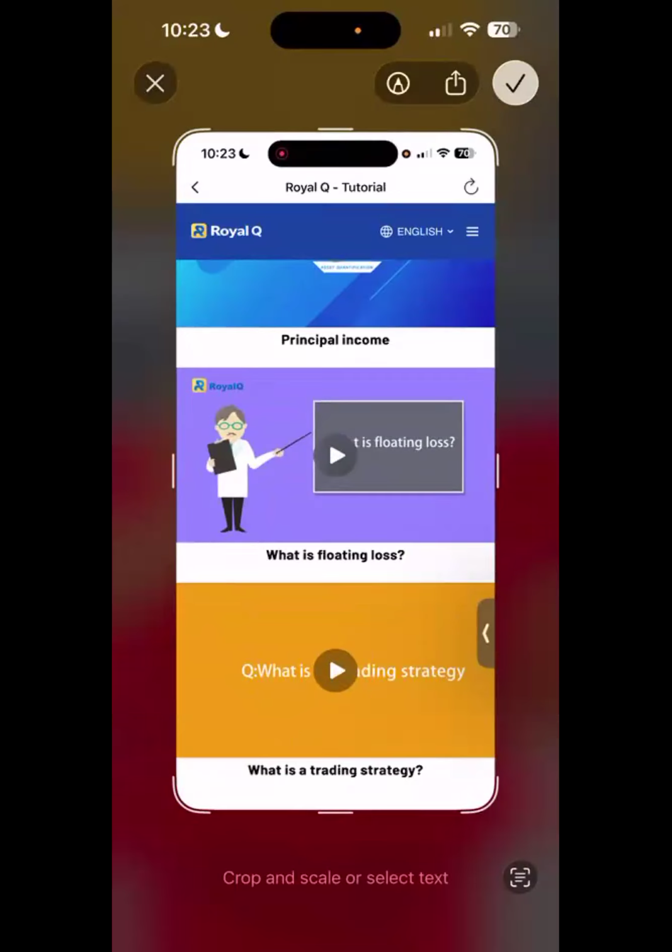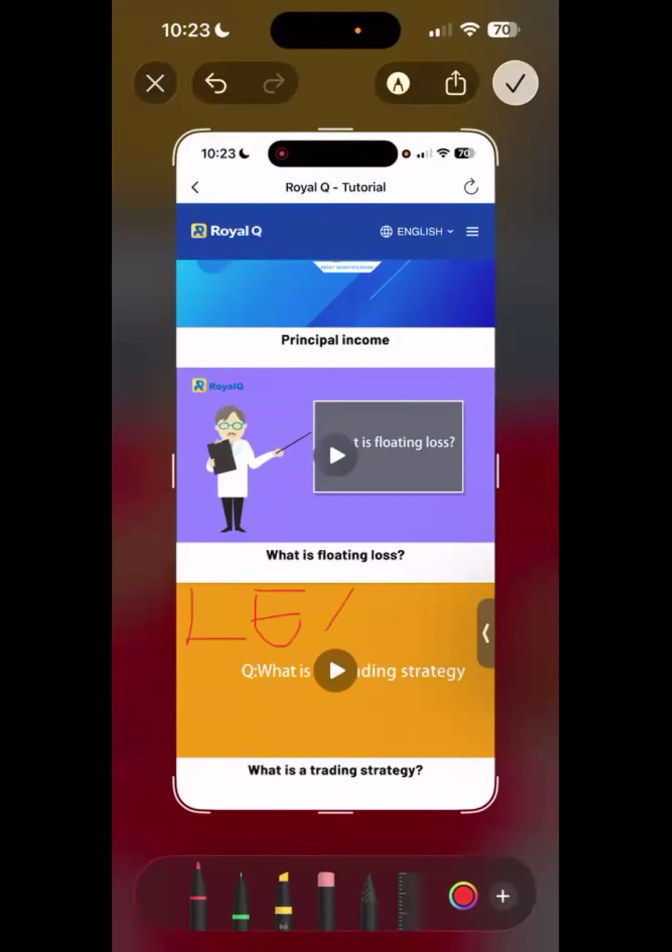I always say the word learn. When you take off the L, what do you have left? Earn. So even the word is telling you that if you are not ready to learn, don't expect to earn.